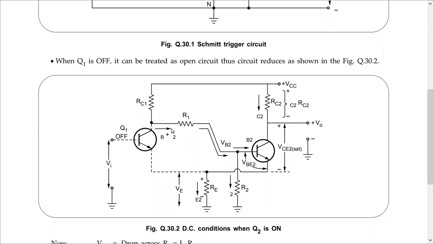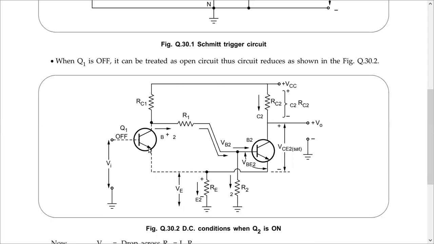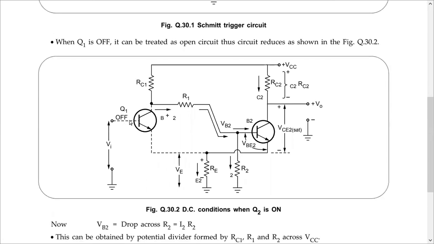But to what value should Vi increase? The voltage at the emitter we are calling VE. Should Vi increase above VE? Yes or no? Yes. By what amount? Ultimately we have an NPN transistor, so there is a PN junction, and a PN junction has a cut-in voltage.